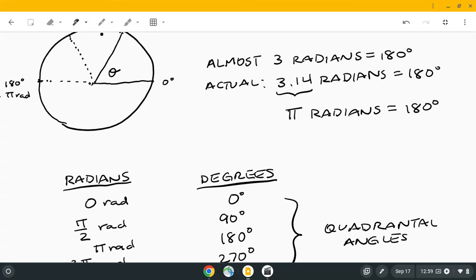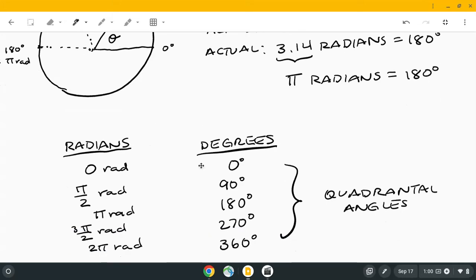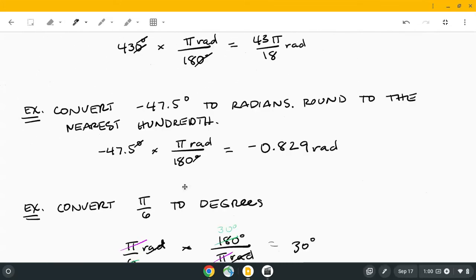So half of it, 90 degrees, is pi over 2. And if that's 1 pi, then all the way over here is 2 pi. So 2 pi is the same as 360. And if that's 1, then over here at 270, that's 1.5, which is 3 over 2, 3 halves.